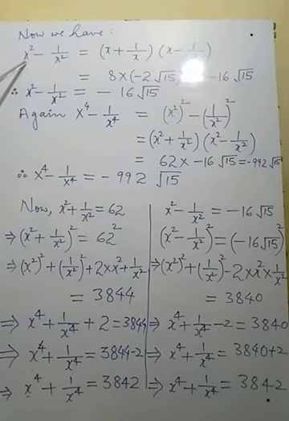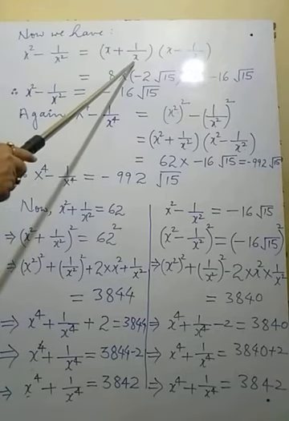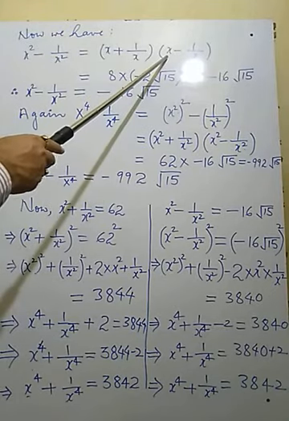So it is the square of x minus the square of 1 upon x. Now this one is in the form of a square minus b square. What is a square minus b square? In one bracket it will be a plus b, in the second bracket it will be a minus b.